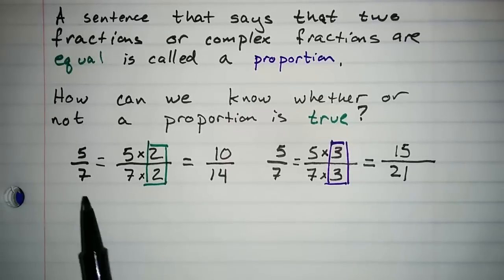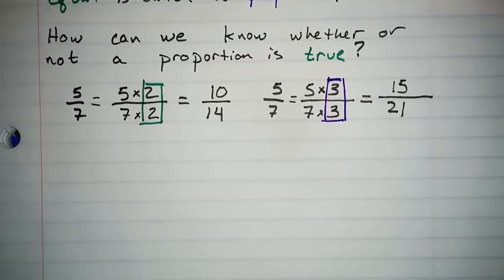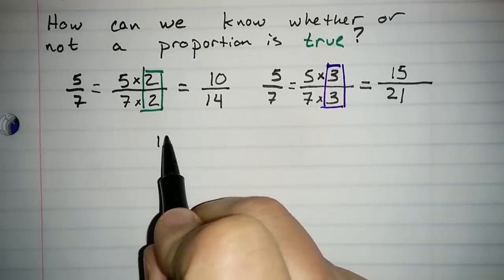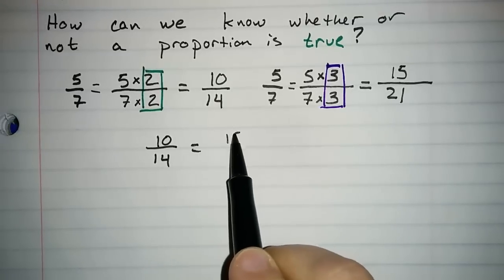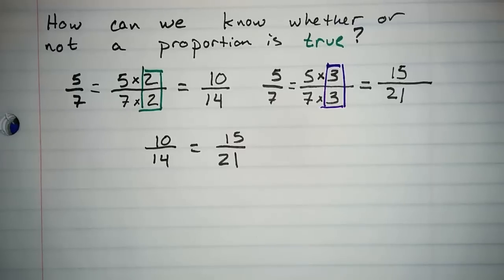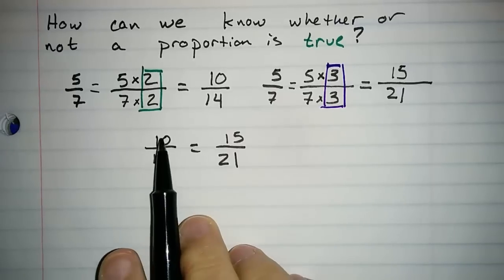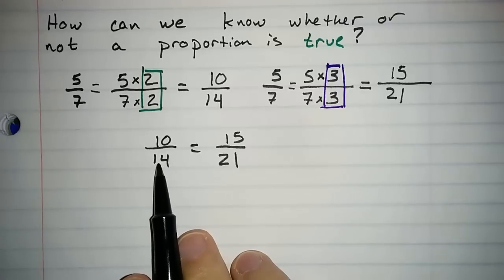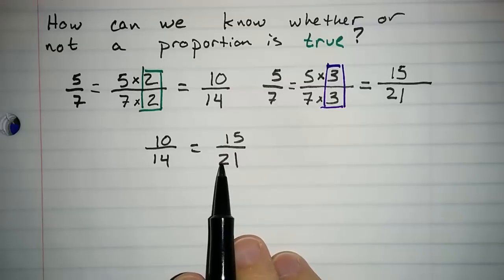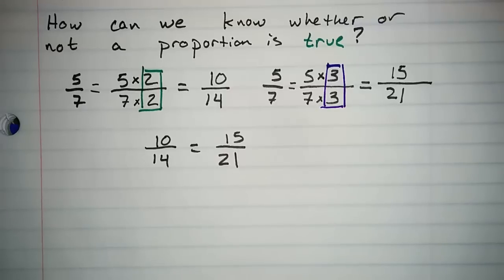But if 10/14 is equal to 5/7, and 15/21 is equal to 5/7, then it must be the case that 10/14 is equal to 15/21. Oh, that's surprising though, right? There's no whole number I can multiply 10 by to get 15. There's no whole number I can multiply 14 by to get 21. So there's no obvious way I could go straight from 10/14 to 15/21.